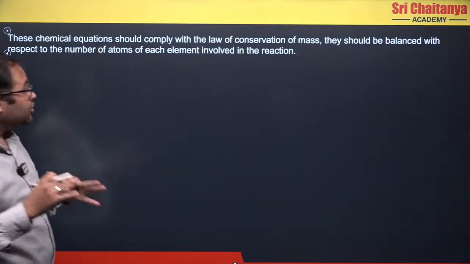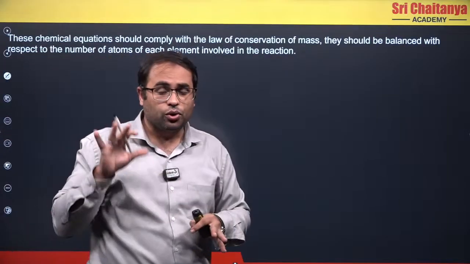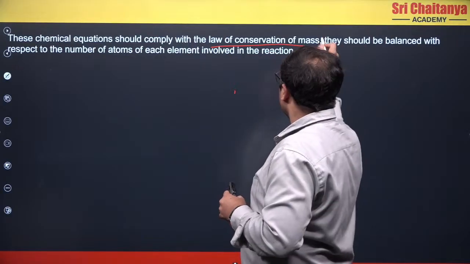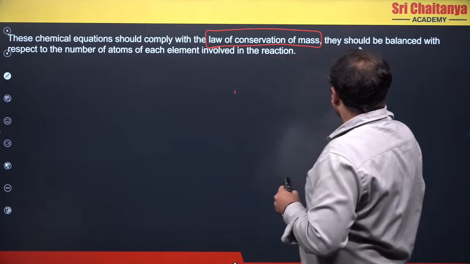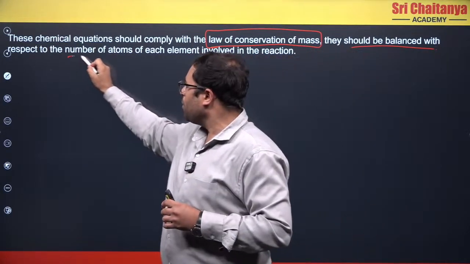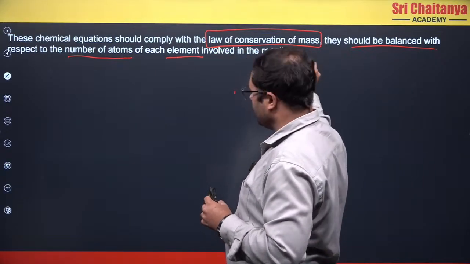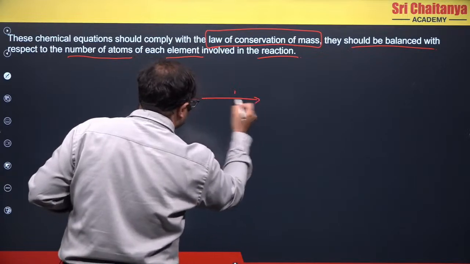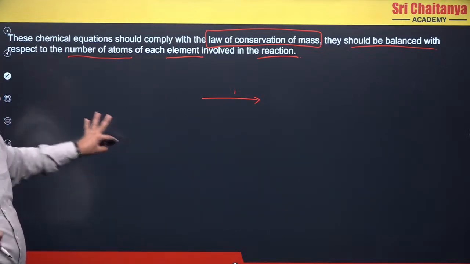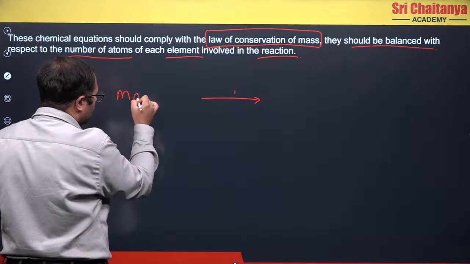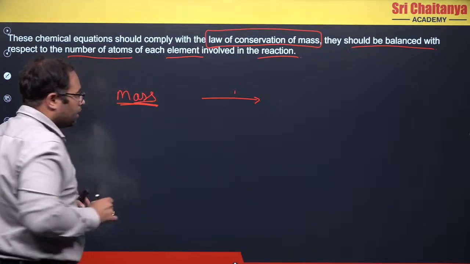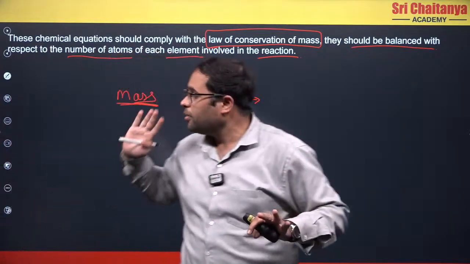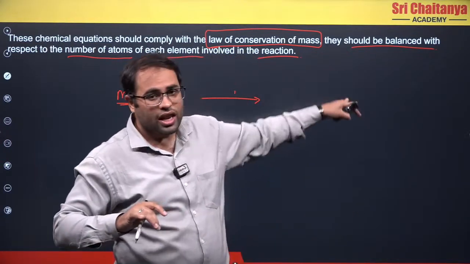Now the chemical equations that you are going to write in chemistry should follow the law of conservation of mass, right? They should be balanced with respect to number of atoms of each element involved in the reaction. So what I am trying to say is, if you have an equation, suppose this is the arrow, the mass of everything here, this is your right hand side, this is your left hand side.